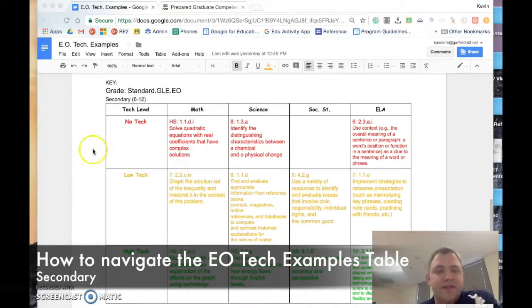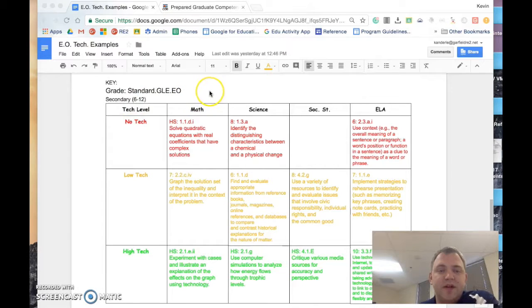So I'm at this table right here now. This is for secondary 6 through 12, and just to show you how this is working here. Each of these boxes is an evidence outcome, and you can see here I've got the grade that it's being taught in, the standard, the GLE, and then the evidence outcome, and in some cases down to the I level.